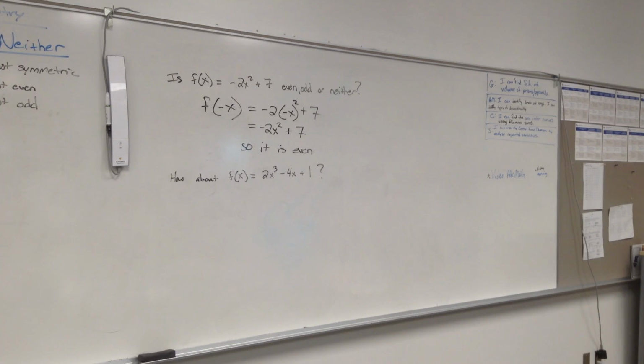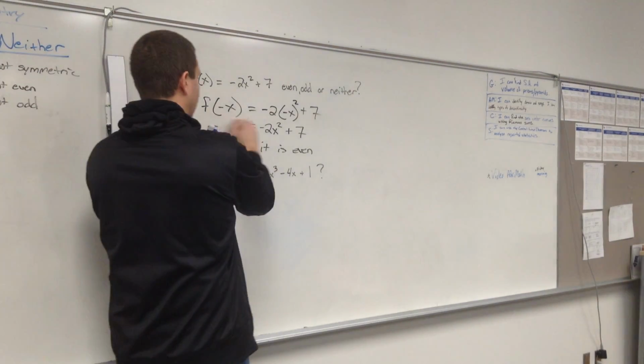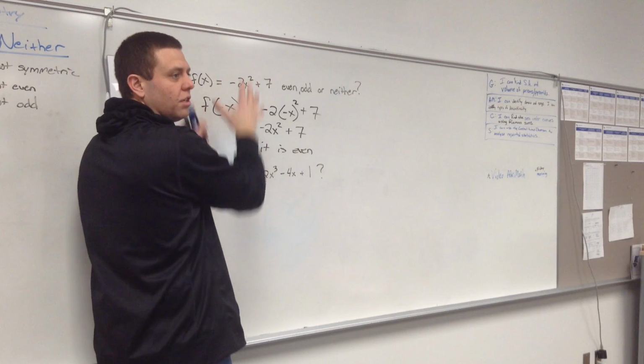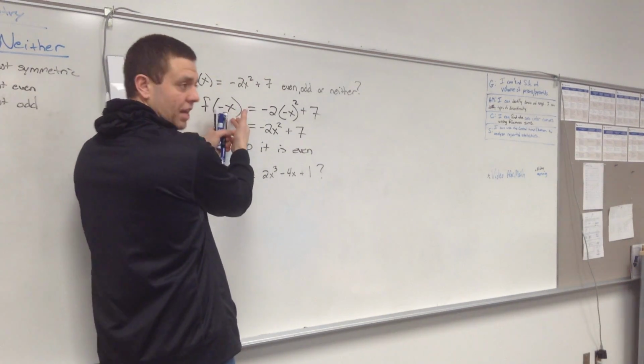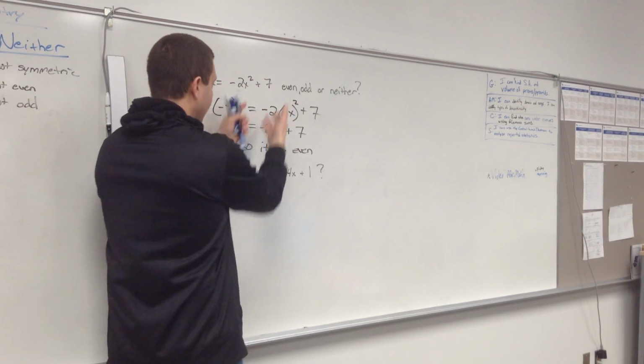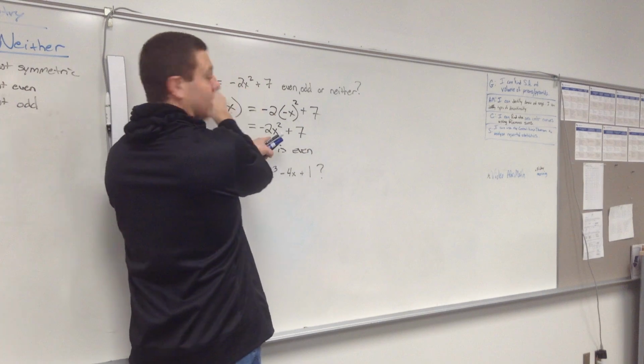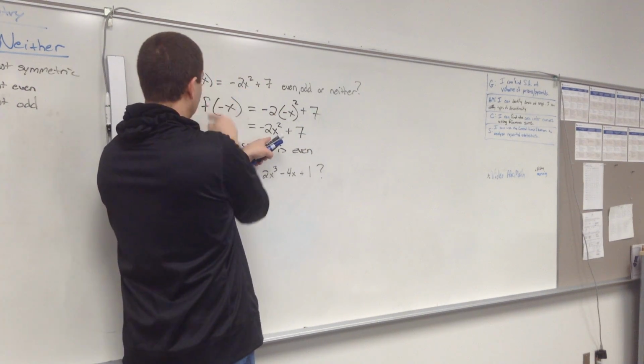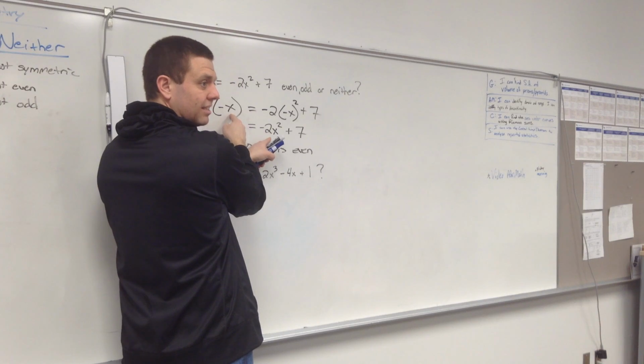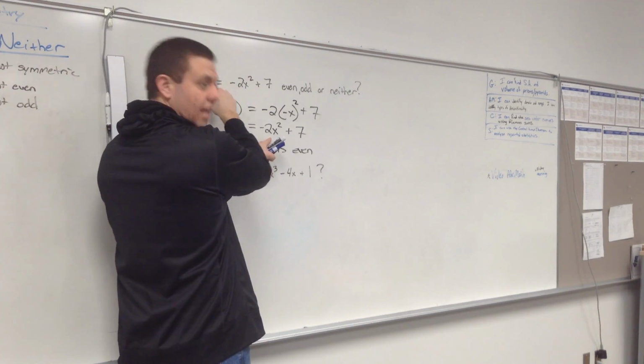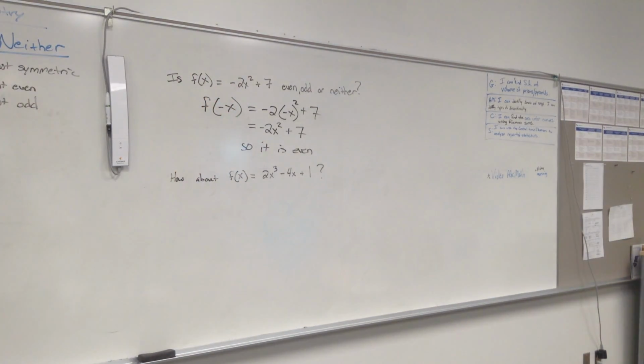That's the only thing you need to do for these problems. See what f of negative x is equal to. And if it equals the exact same thing as f of x, so in this case f of negative x equaled the same thing as f of x, then I know it's an even function. That makes sense.